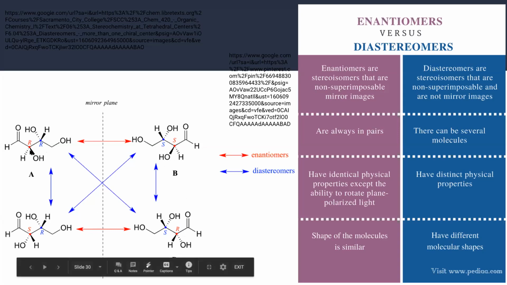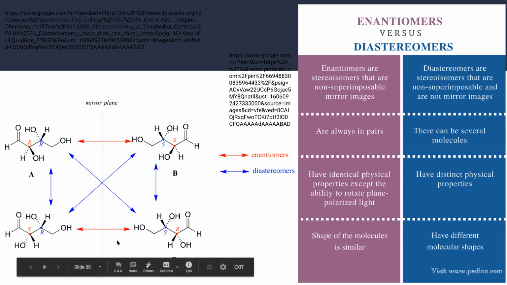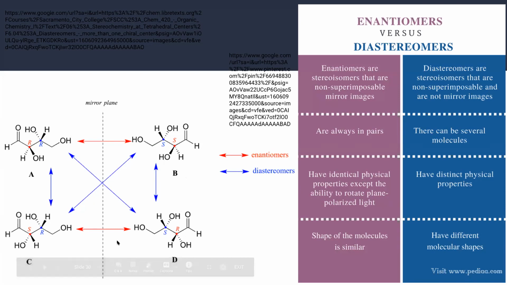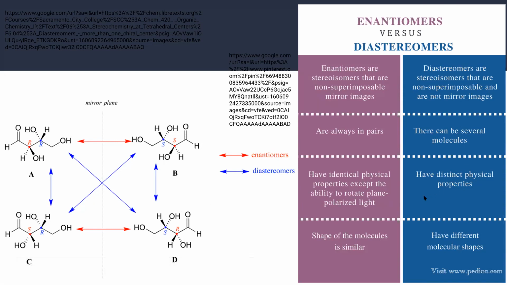Diastereomers have one that is the opposite, but not all of them. So here, R and S is the opposite, but here we also have one that is the same. And same thing here. Let me know if that makes sense. That's a quick way to tell an enantiomer from a diastereomer. And diastereomers have different physical properties.